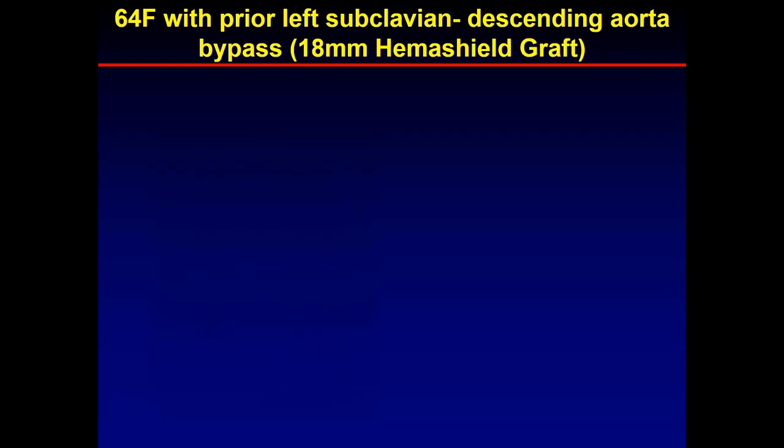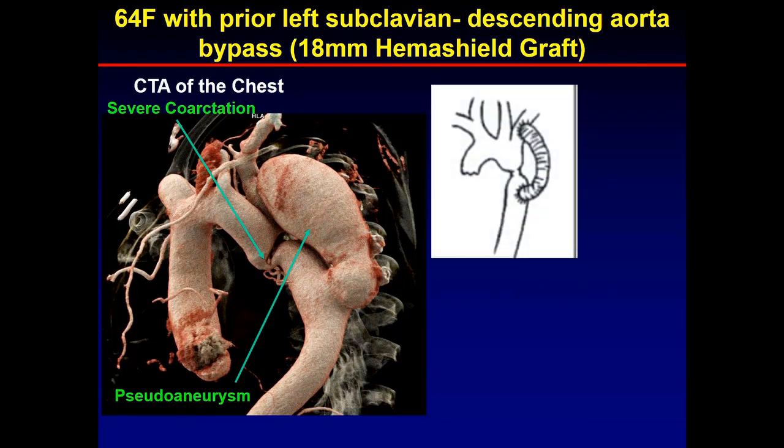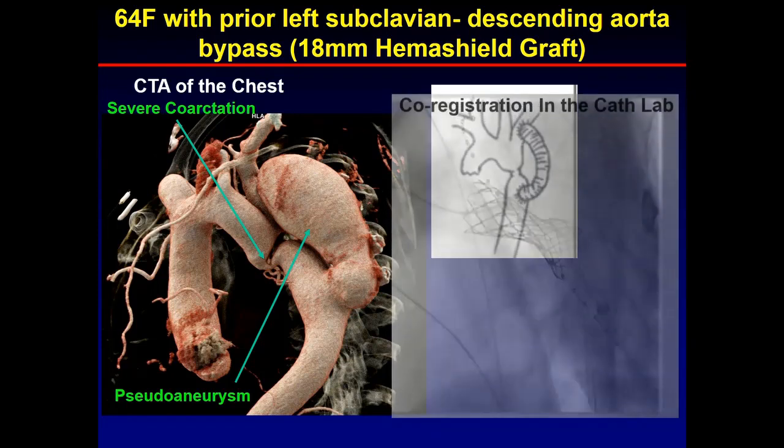This is a congenital case, and this was a patient who had a CT of the chest, and the patient actually had a severe coarctation, and they also had a pseudoaneurysm. This was a Hemashield graft that had degenerated, and this was how the graft should have looked, but obviously there was degeneration.